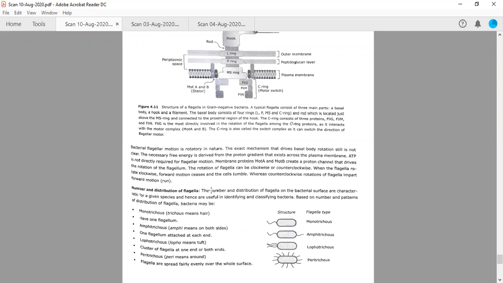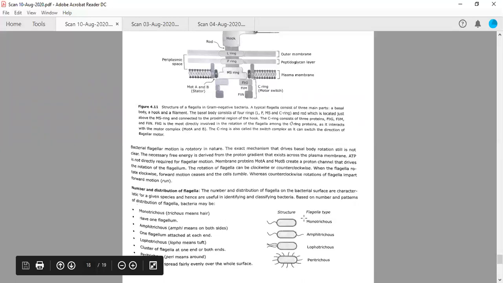Only thing is I will add some extra things from the Prescott, because very little is discussed when it comes to molecular structure and like this in Pathfinder. So whenever required, we will move to Prescott. Otherwise, we will move according to the sequence which is given in your book Pathfinder.